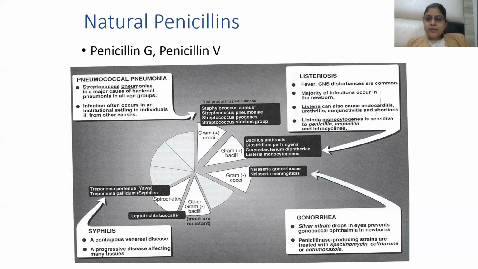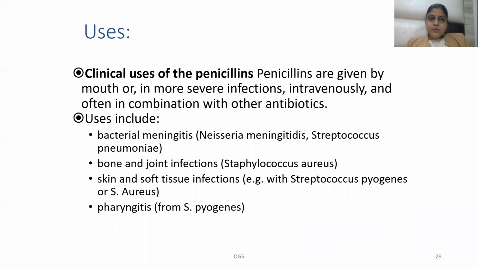So gonorrhea can be treated, and in the same way syphilis, caused by the spirochete Treponema pallidum, and pneumococcal pneumonia, by killing Streptococcus pneumoniae. These are the uses of penicillin G and penicillin V.